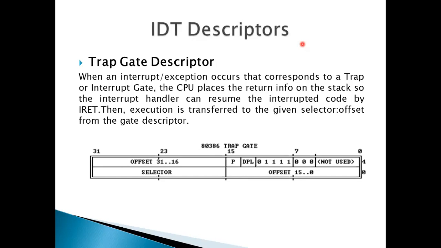So it will be identified that the interrupt has occurred, the code has been given, and execution occurs successfully to give access to these segments. From the gate descriptor, what is allowed? You will be allowed to get access to this or the interrupt. That means the information you have maintained in the descriptor table is correct.